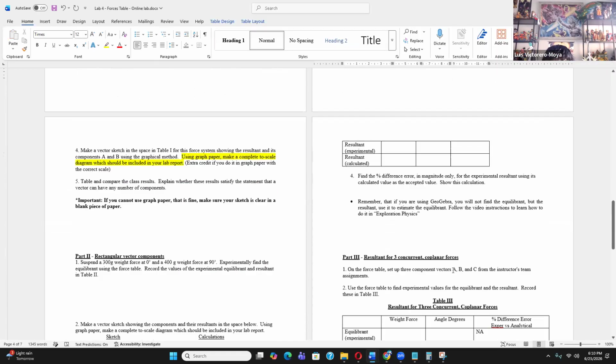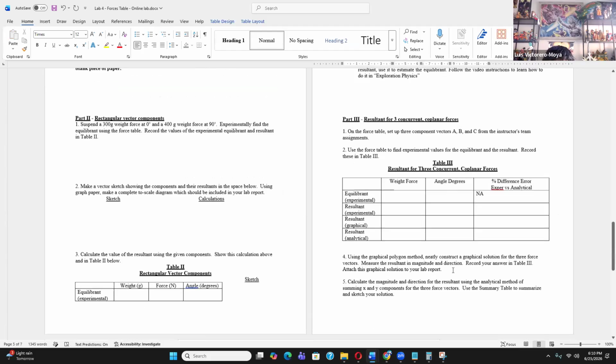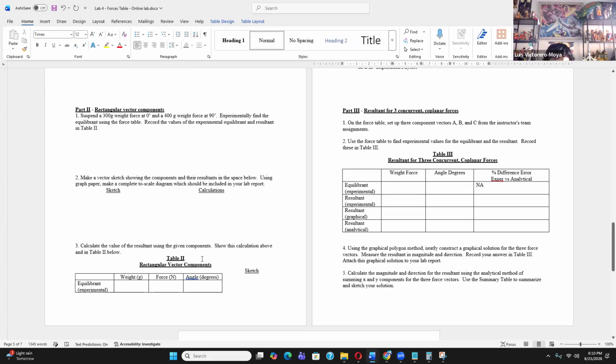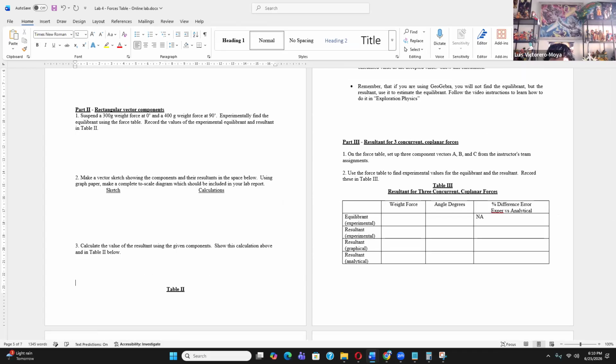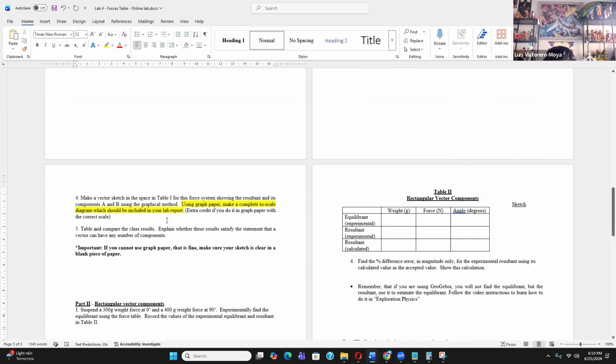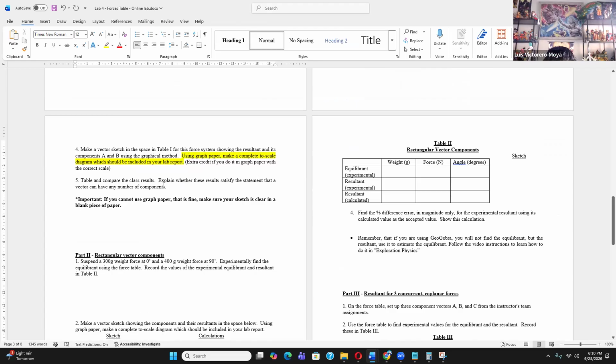All right. Part 2, for part 2, you're going to use 300 grams and 400 grams at 90 degrees. So you're just going to do the values.